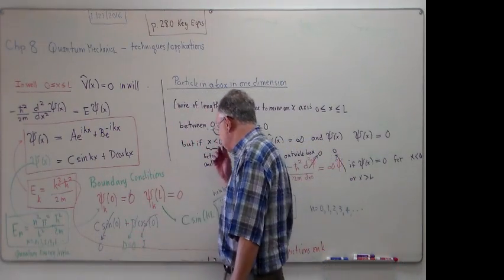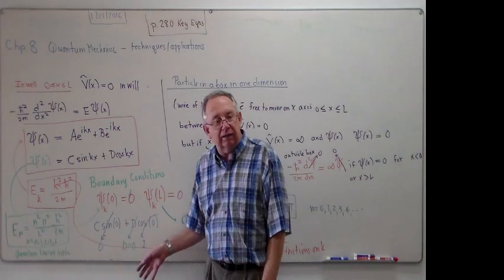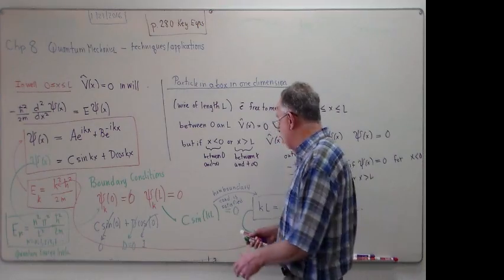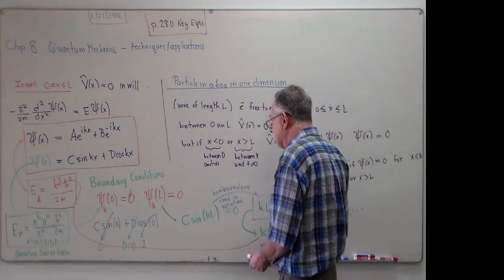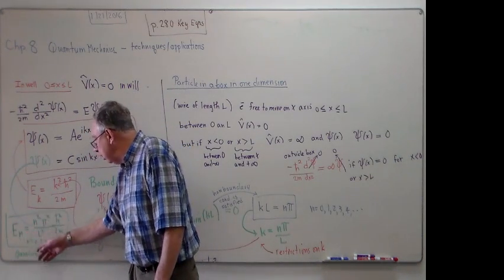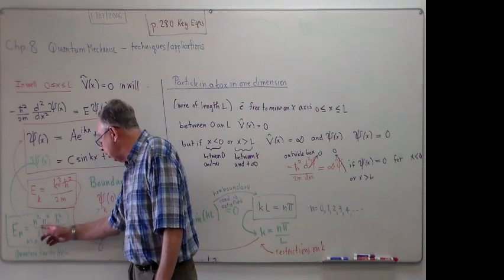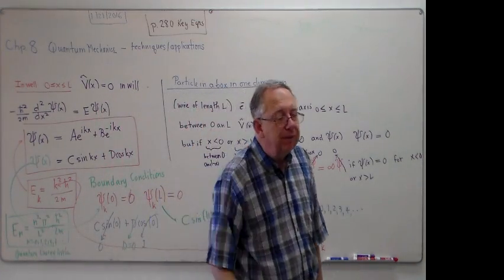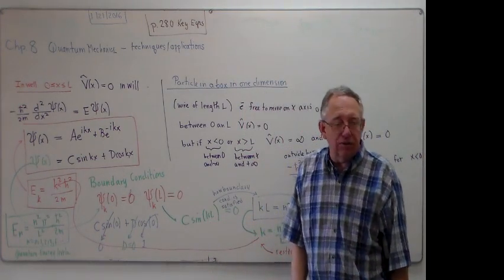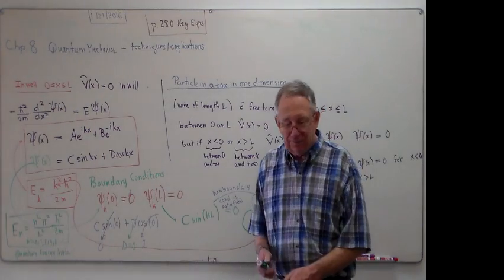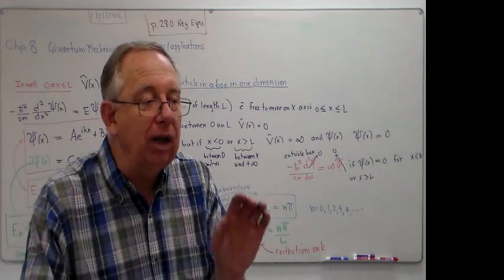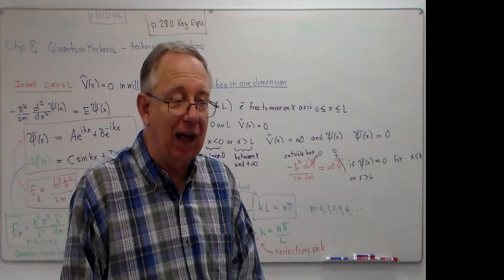At the boundary, we threw away all our cosines, and we had a form constraint, and we also have an energy constraint: E_k now goes to E_n, n squared pi squared h bar squared over L squared times 2m. So n pi over L goes now into the sine function, which holds a constraint saying that only specific energy levels are allowed for particles, and only specific types of matter waves are allowed that go with those.